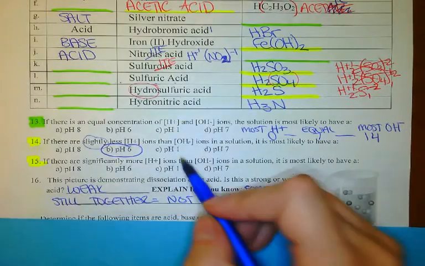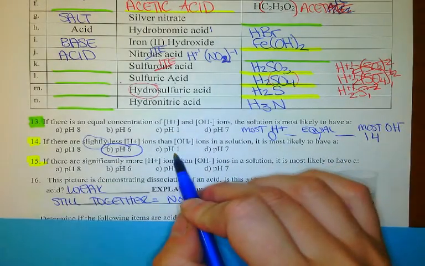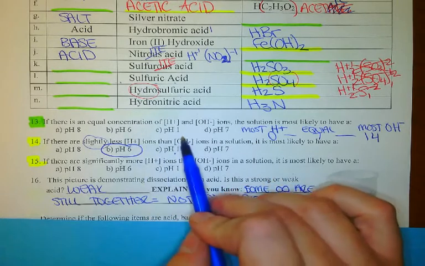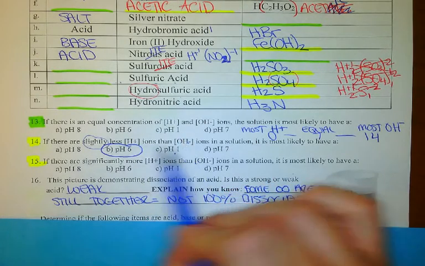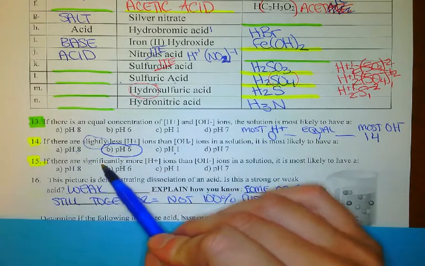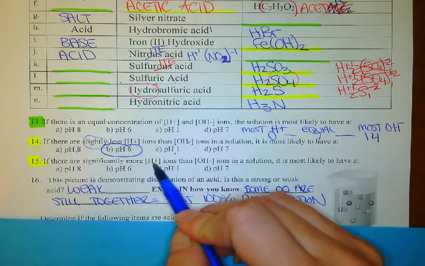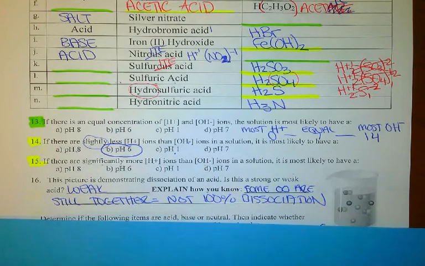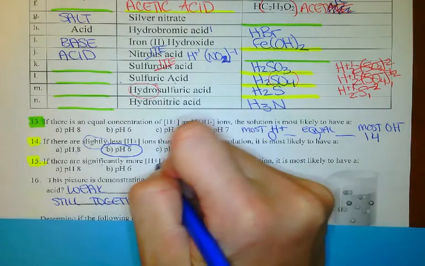This one, pH of 1, is very acidic, so I would have much more of this compared to this. If I was just a little bit basic, that's what we'd look at. So looking down at this one, if there's significantly more hydrogen ions compared to hydroxide ions, then it's significantly acidic, which would be closer to 0.